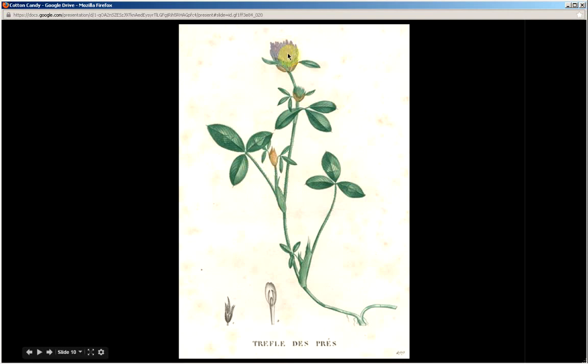This flower head is more of a purplish color, which, if you can remember, resembles the color of cotton candy as well.